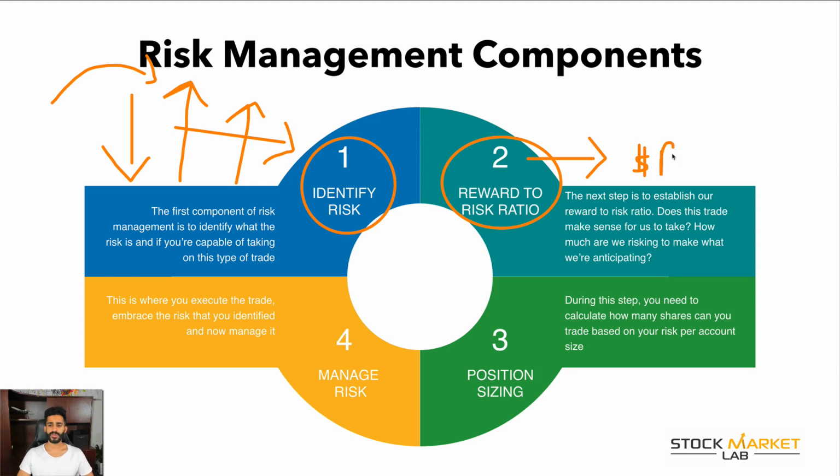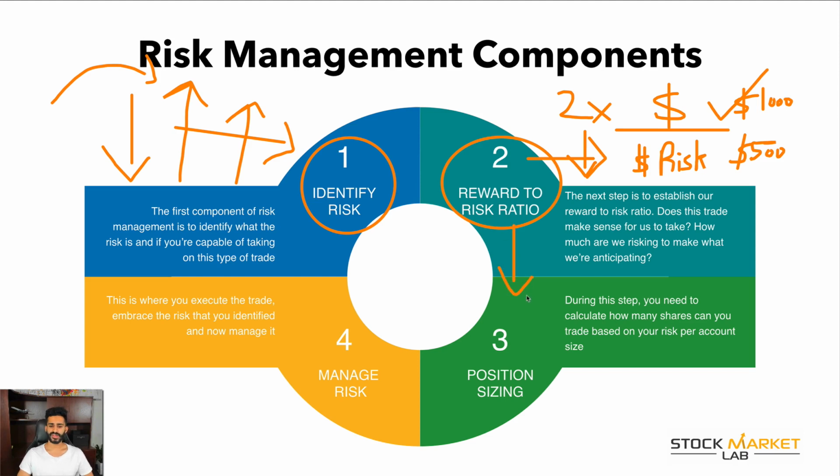You should know how much am I risking and how much will I potentially make if I'm right. And obviously, your reward should be 2x greater than your risk. So if you're risking $500 on a trade, you should be making a minimum of $1,000. That's what the reward to risk ratio means.